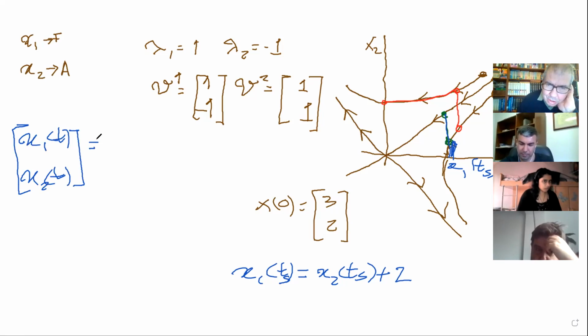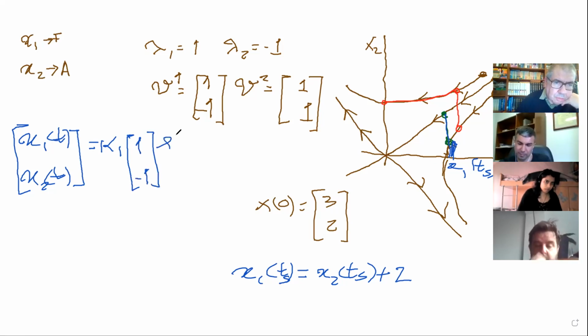It's k1 times, from the modal decomposition, the eigenvector number 1, (1, -1), exponential of t, plus k2 (1, 1) exponential of minus t.